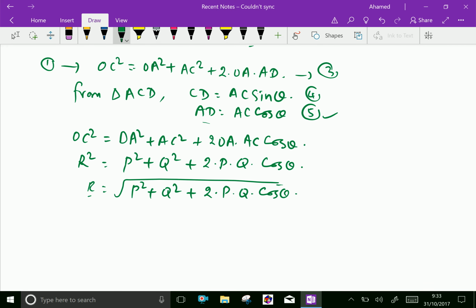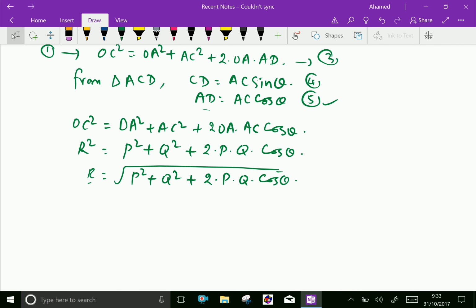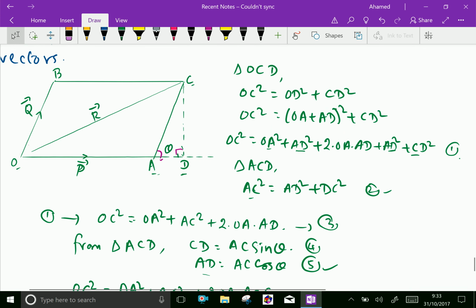Now we'll find the angle of resultant. Let this be the alpha angle, meaning the resultant with the horizontal is alpha, and the angle between the two vectors is theta.